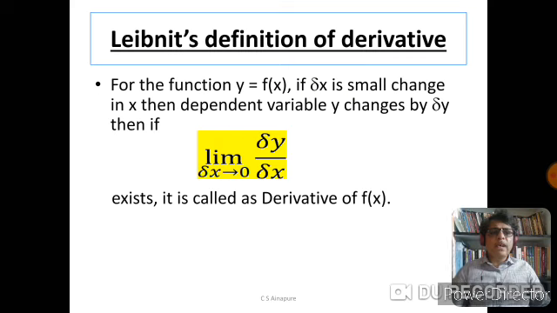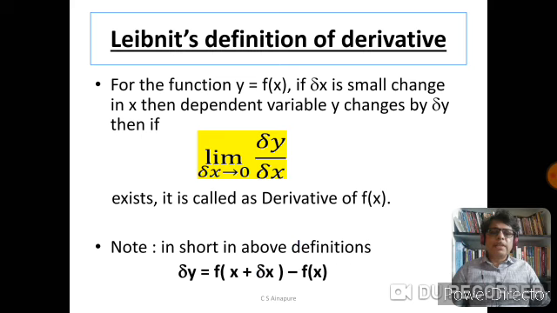We are already familiar with this concept, so I am quickly revising it. Within these two definitions we can observe that delta y is the difference f of x plus delta x minus f of x from the previous definitions.